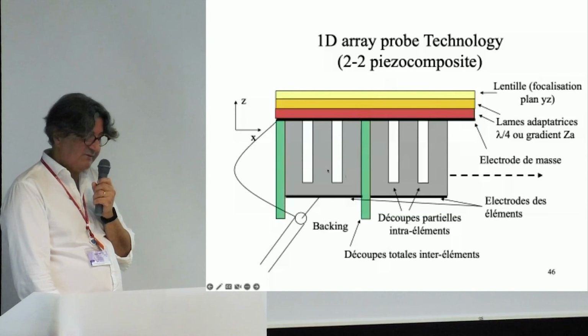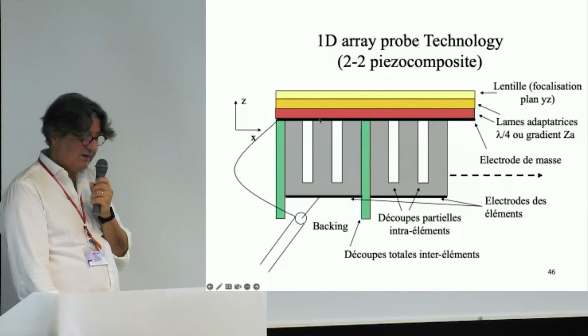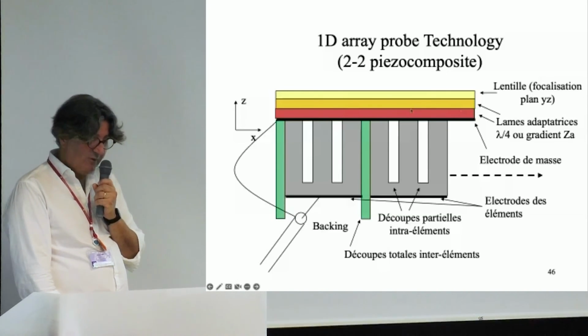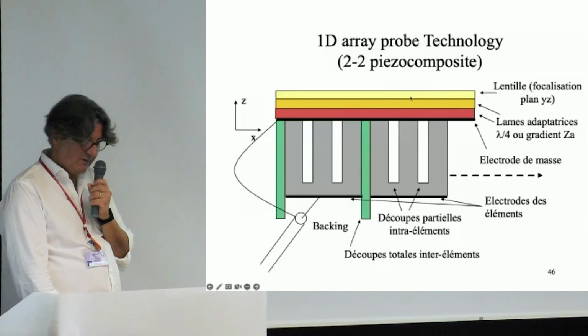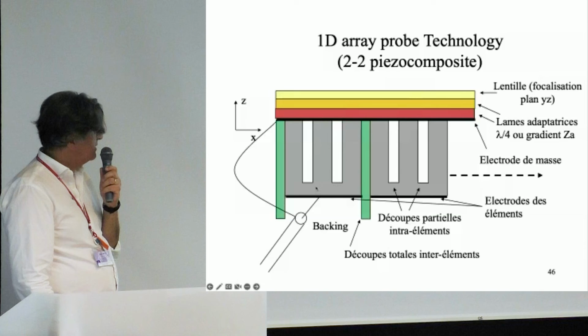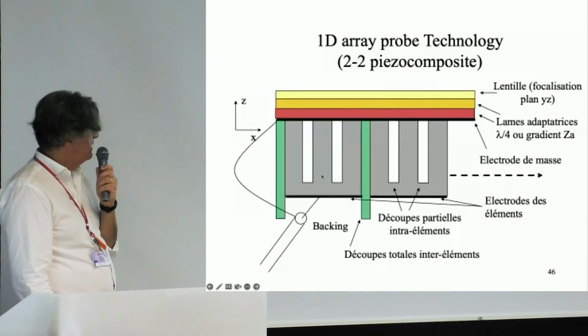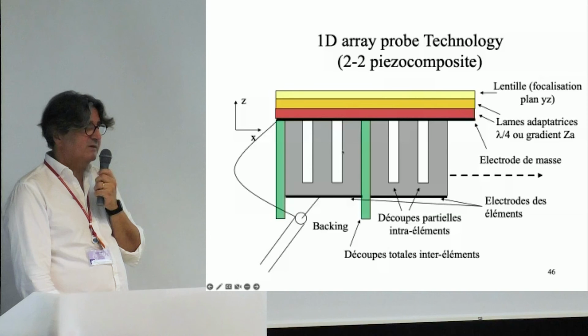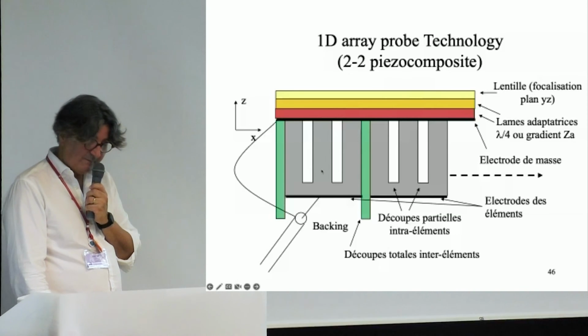You just want to have propagation in the vertical direction. And then you will have matching layers. Very often you have more than one matching layer, and the focusing lens. And you create a partial cut into this element to avoid multiple resonances in this element.